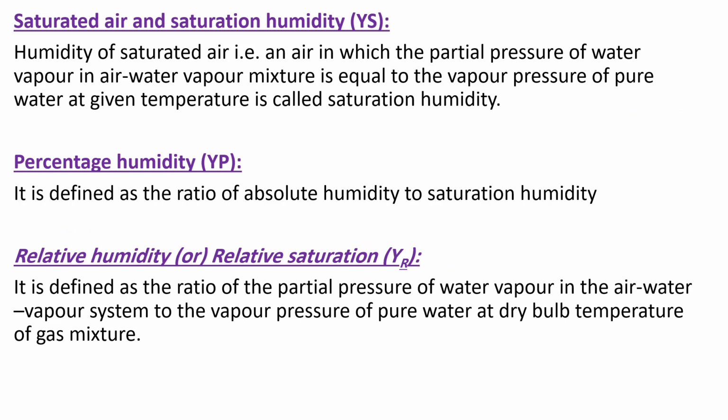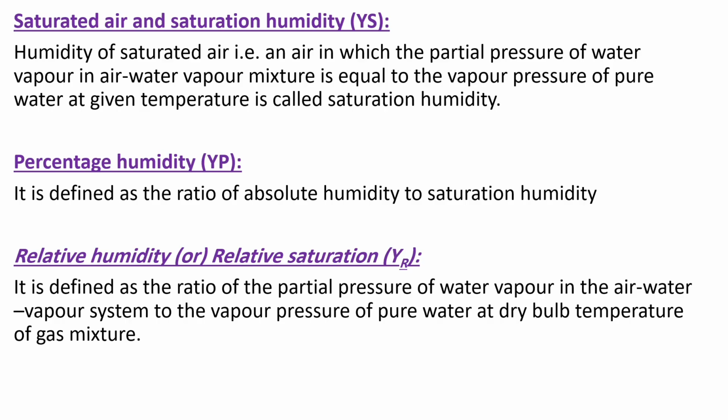And what is the difference between saturated air, saturation humidity, percentage humidity and relative humidity? There are differences between them. Air becomes saturated when it cannot hold more water vapor at that temperature. So this is what is meant by saturated air. At this point, the partial pressure of water vapor will be equal to the vapor pressure of pure water.